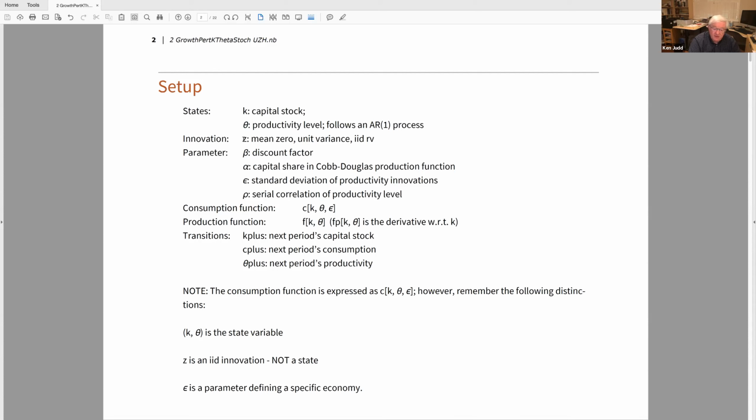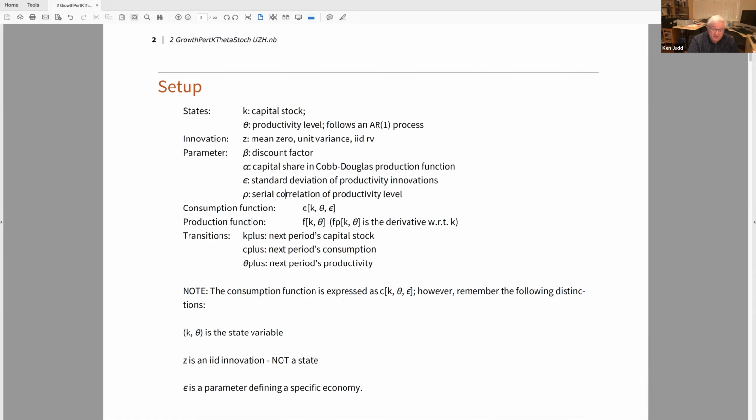Now we're going to have innovations to theta, so theta is going to go up and down over time. The innovation is z, it's going to have mean zero, unit variance, and it's going to be IID over time. Beta will be the discount factor, alpha is the capital share, of course. Epsilon will be the standard deviation of the productivity innovations, and rho will be the serial correlation.